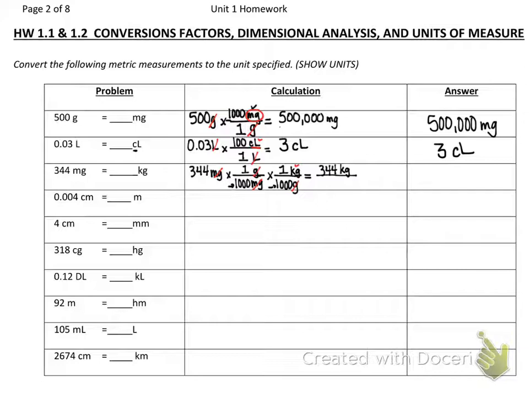Over I'm going to take 1,000 times 1,000, and that's going to give me 1 million. Now, there is no unit left in my denominator, so that's why I don't carry over a unit. So I have this fraction now, and because I have 344 over 1 million, now I divide 344 divided by 1 million.